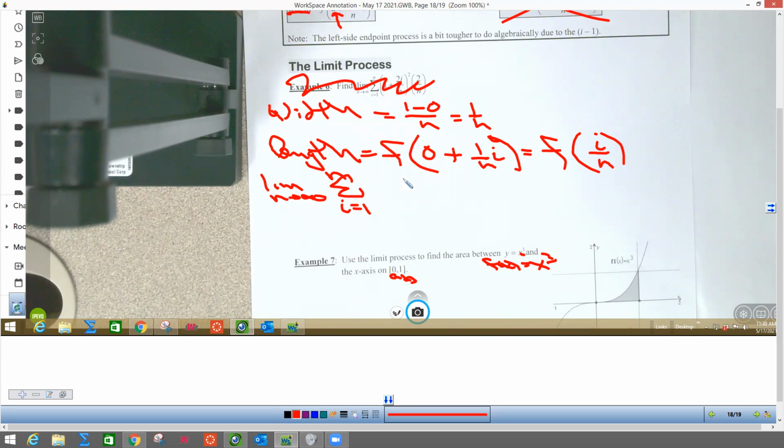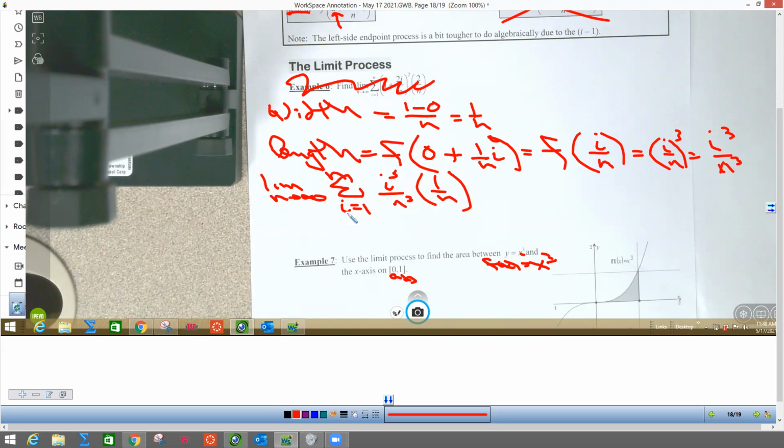Then I'm going to go ahead and do my length. I'm going to stick this in for this function. So this is going to be i over n to the 3rd power, which is i cubed over n cubed. When I take my length, which is i cubed over n cubed, times my width, which is 1 over n, I get this right here.